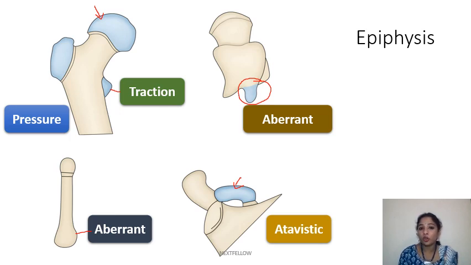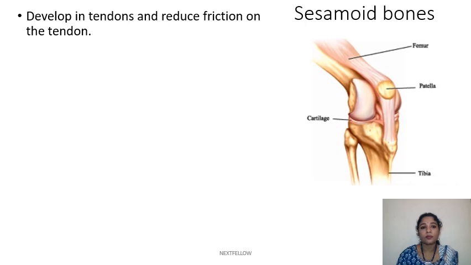Example here is the coracoid process of scapula, which has been fused with the scapula in humans, but it is a separate bone in lower animals. So such epiphyses are called atavistic epiphysis. You can see the coracoid process attached to the scapula. So these are the varieties of epiphyses.